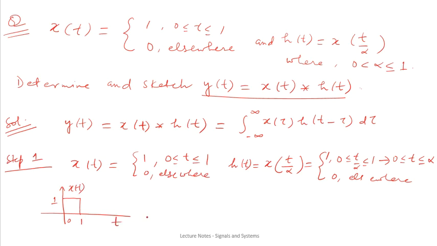Similarly, if you plot h(t), h(t) is 1 in between 0 and alpha, isn't it? So this is how the first step is completed. Now you move to the second step of this problem.